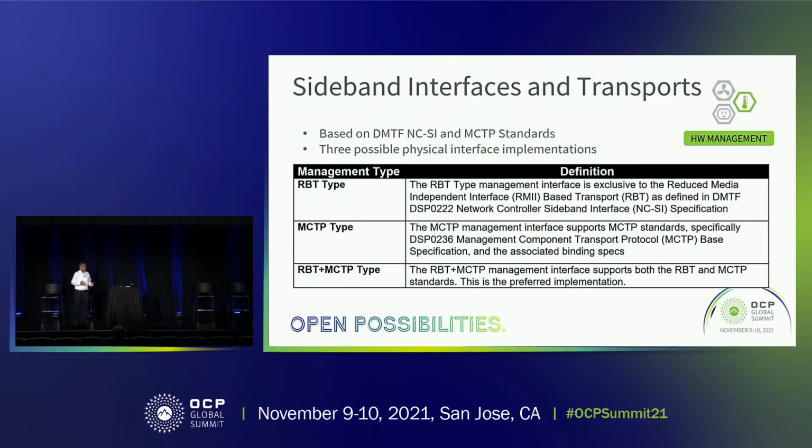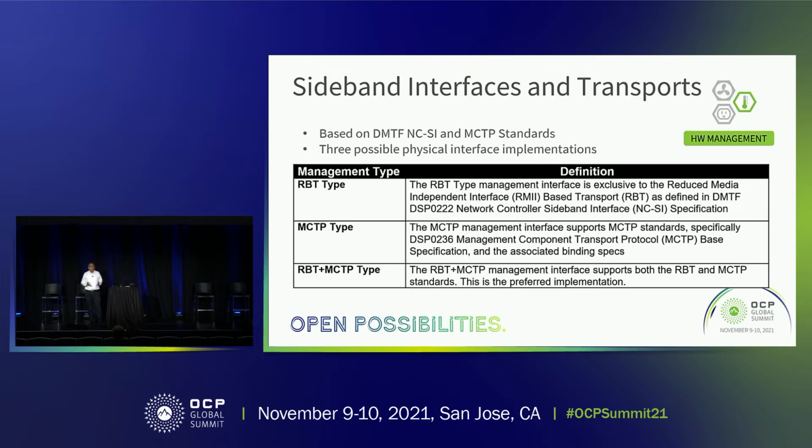So just like any manageability, first of all there is the management data transfer you are doing, whether it's sensor data or doing some control operation, collecting some telemetry data. For the underlying transport, that's where you want to have something which is based on standard. DMTF is another standards organization which works very closely with OCP.